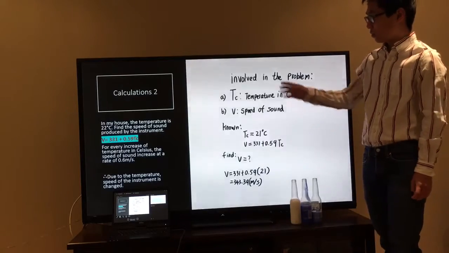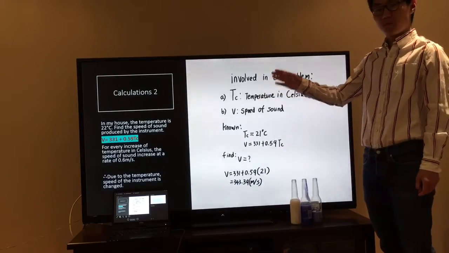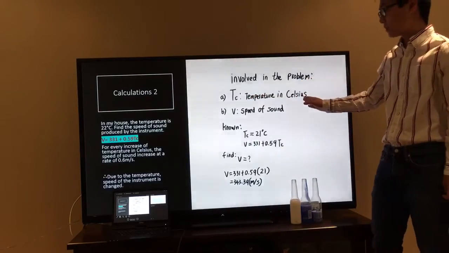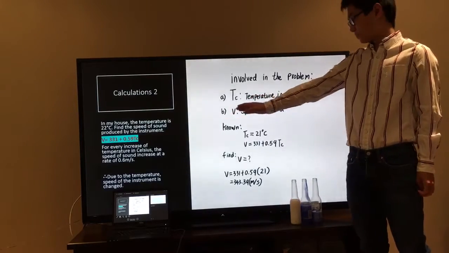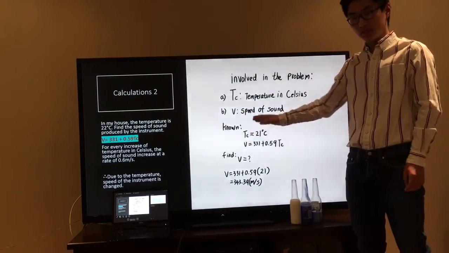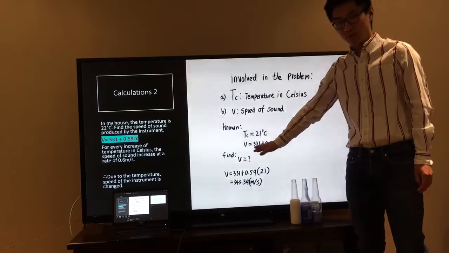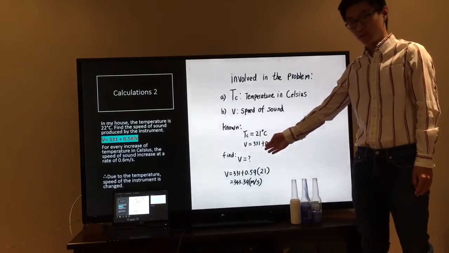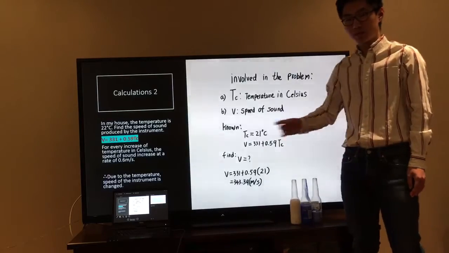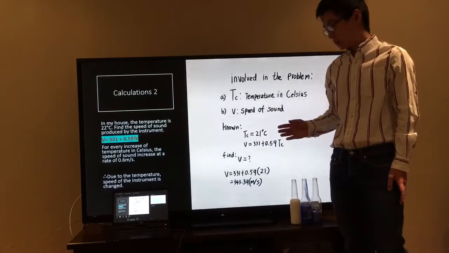Now, what is involved in this question? Firstly, it is Tc, standing for the temperature in Celsius, like you can see here, it is 22. And v, the speed of sound. We know the formula v = 331 + 0.59 Tc. Then we can simply find v by plugging in the numbers.